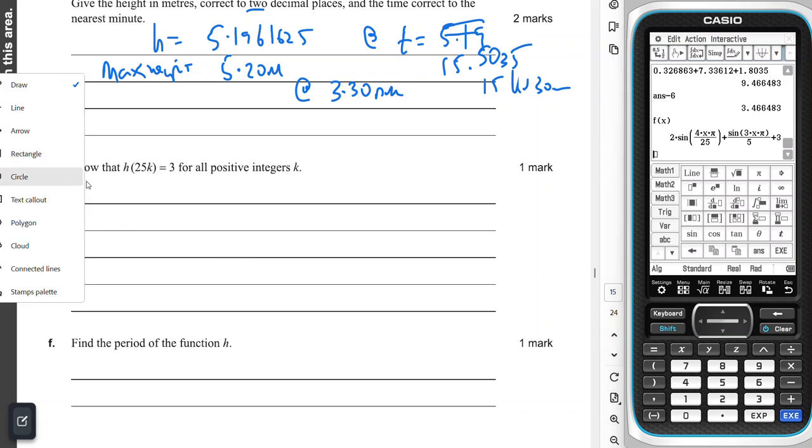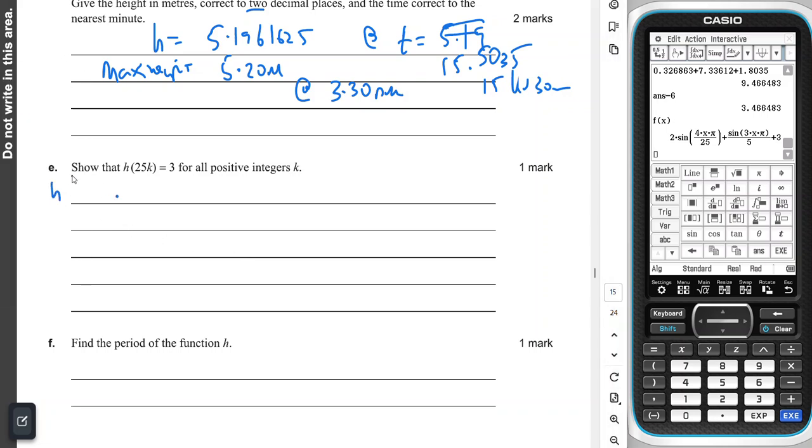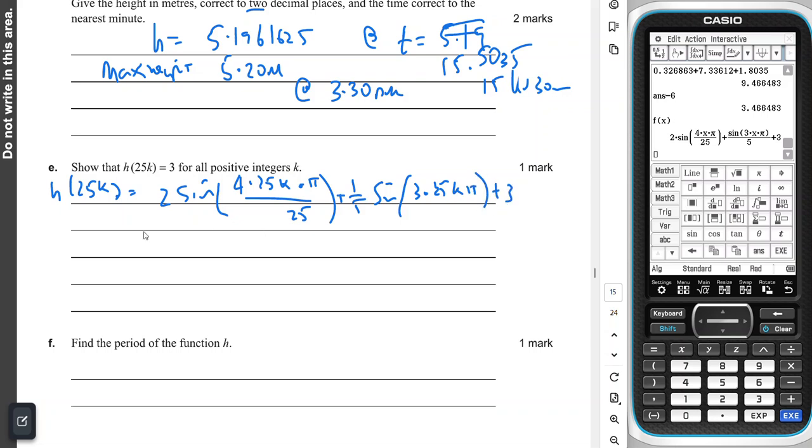So H of 25k is going to equal 2 sine of 4 times 25k times pi over 25 plus 1/5 sine of 3 times 25k pi plus 3.